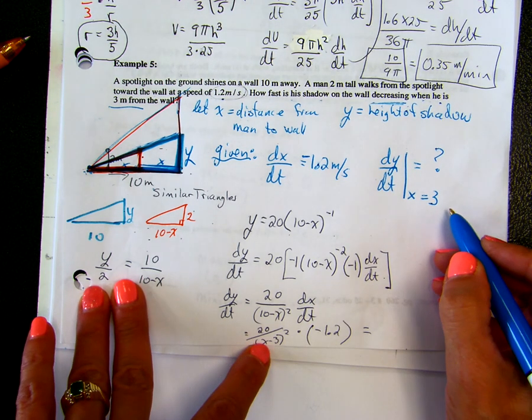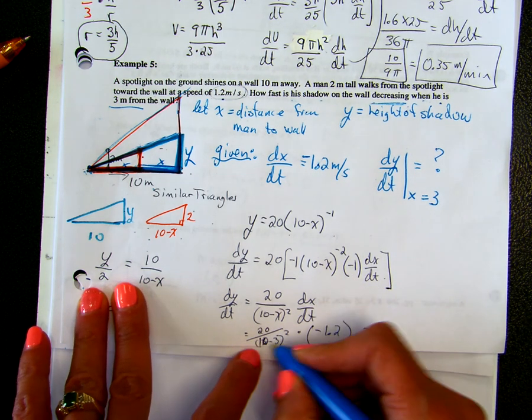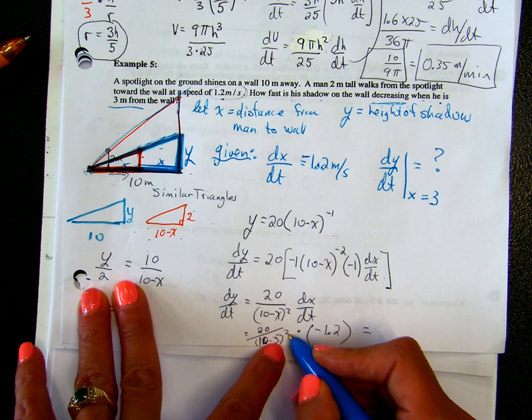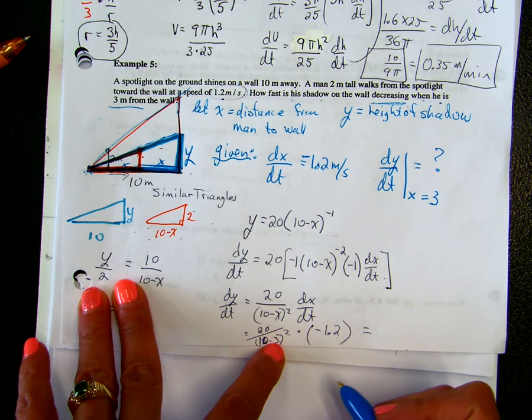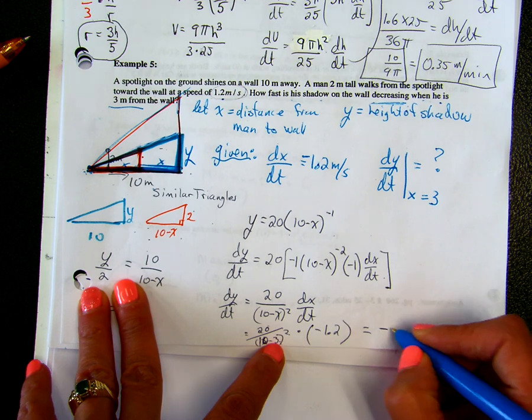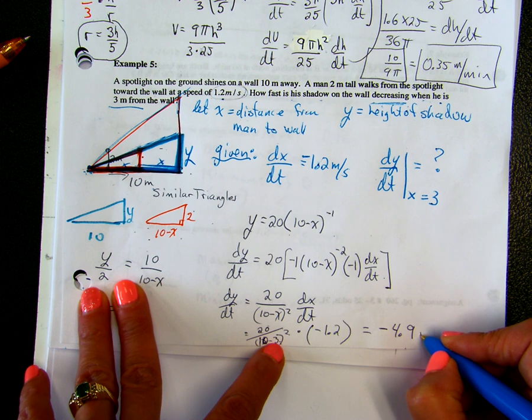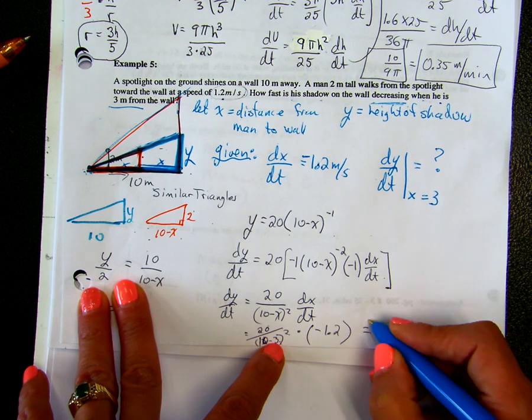So 10 minus 3 is 7, squared is 49, I get 20 over 49 times negative 1.2, which gives me approximately negative 4.9, and that would be measured in meters per second.